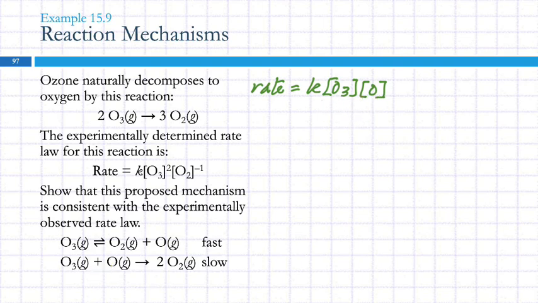Now we're going to have to convert, because we have this intermediate. The atomic oxygen is an intermediate. So we're going to look at this first fast reaction and say this is at equilibrium. The forward rate is equal to the reverse rate.